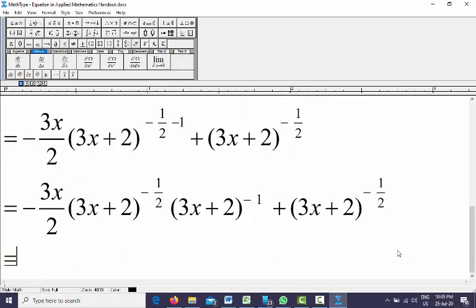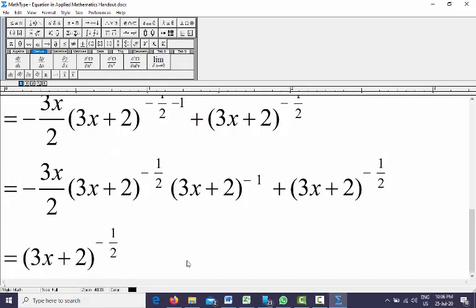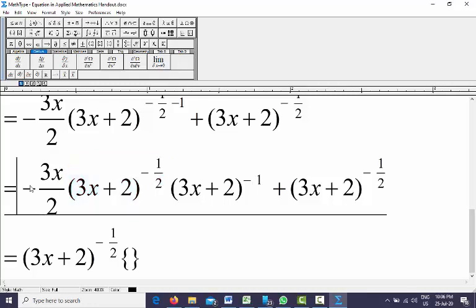We can take this one common. Here also we have 3x plus 2 power minus half, and here also we have 3x plus 2 power minus half. So we can take these one common. If you take these one common, what will you have? You have already taken these one common, so you need to remove this one. So you will have only minus 3x.